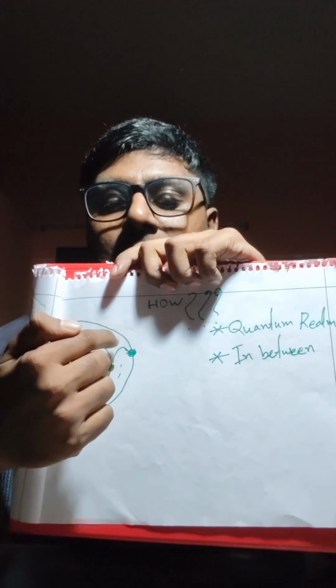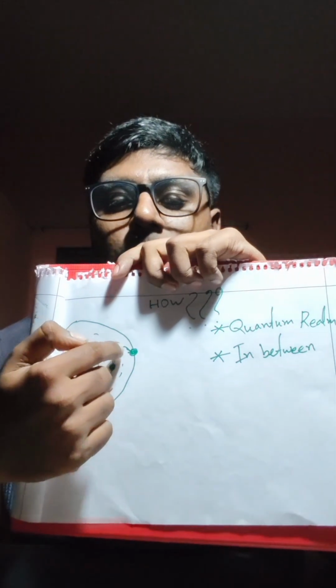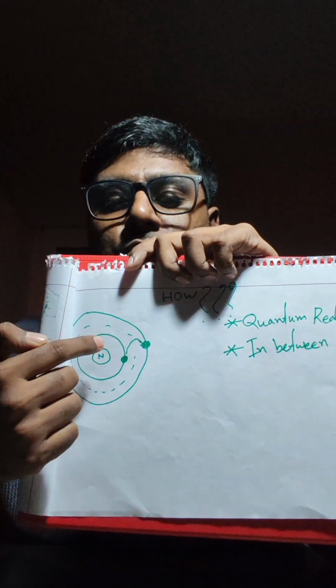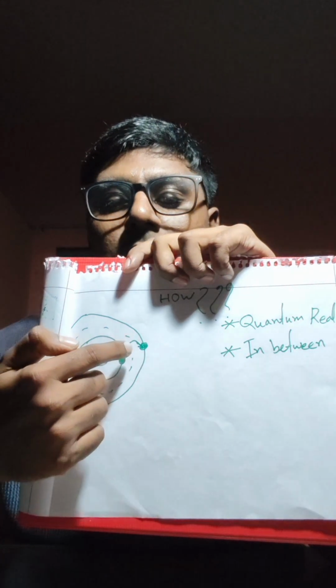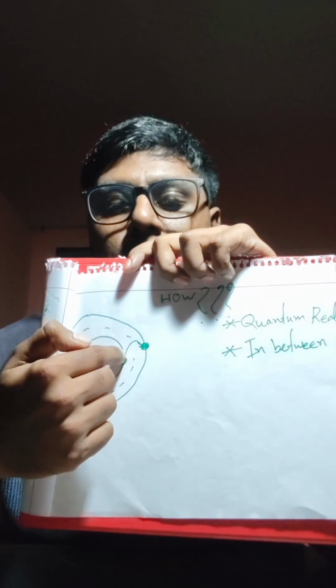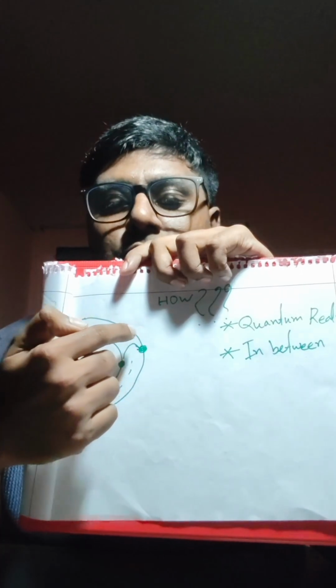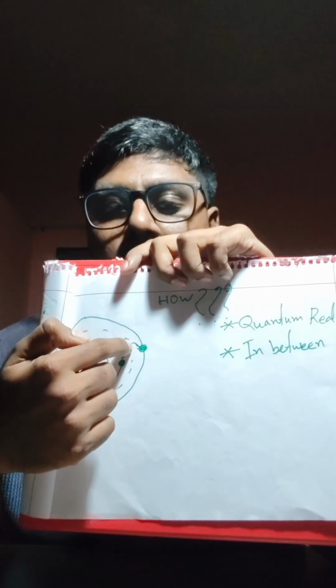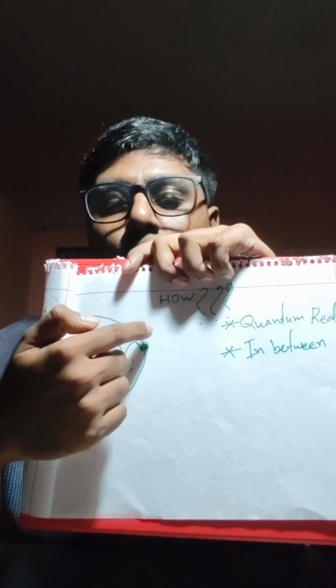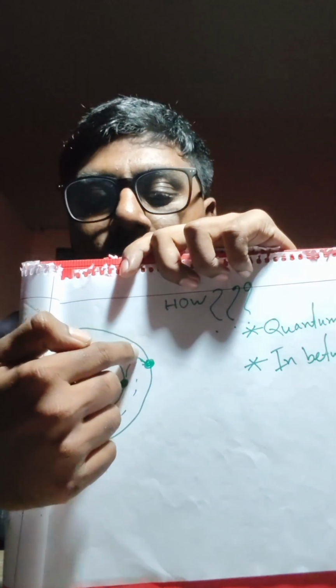So at that time, when it is nowhere, when it is in this quantum realm, it can be called both of these orbitals. This orbital also has some right on that electron. This orbital also has some right on that electron. So it is for both. Okay. And we're talking about the in-between line. Okay.